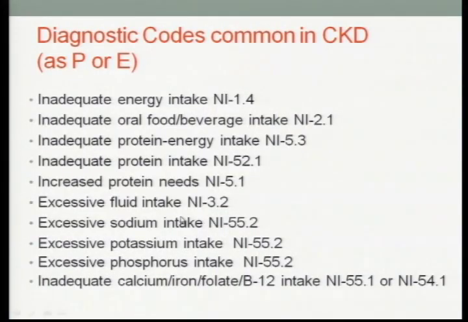Or you might have a person who's coming in with 9 kilos of fluid on between runs, and you just can't dialyze it all off. Because of that, their BUN is really high, et cetera. They're having a lot of uremia issues. So then you might say excessive fluid intake is your diagnosis. Inadequate calcium, excessive phosphorus intake. So there's a lot of different ways you can use this. The intake domain is really big. It's where we really have our most impact in terms of nutrition.